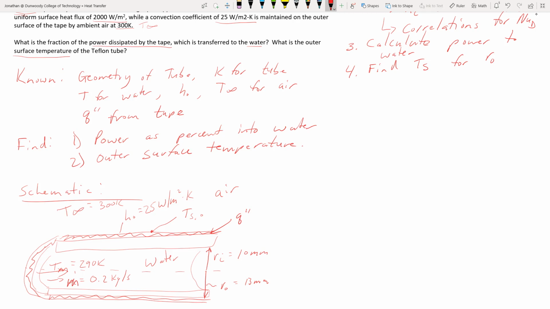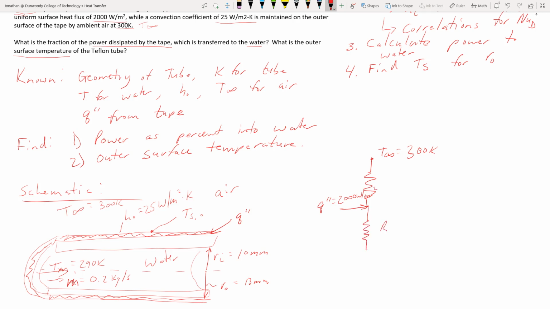So our thermal circuit: we've got T infinity equals 300 Kelvin. Got some power in here, that was 2,000 watts per meter squared.